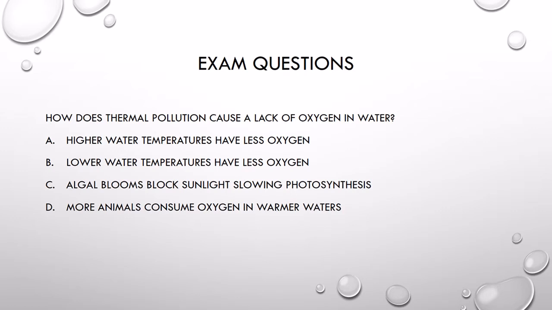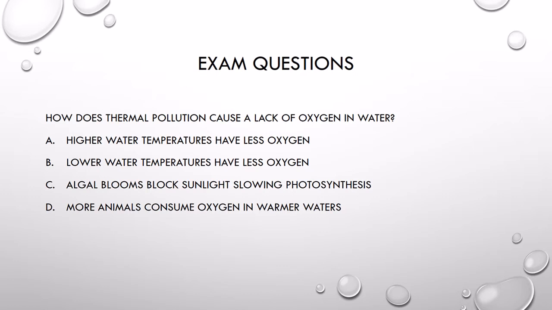Some possible exam questions include, how does thermal pollution cause a lack of oxygen in the water? Answer A, higher water temperatures have less oxygen, is not true. B, lower water temperatures have less oxygen.